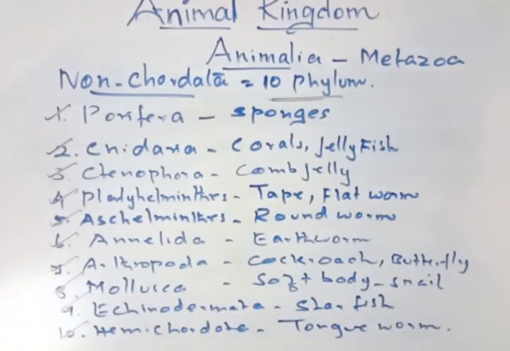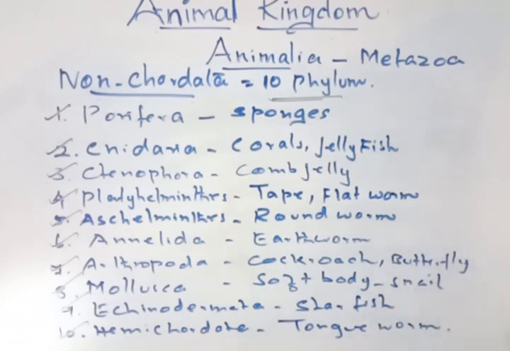All these 10 phyla come under non-chordates or invertebrates. Examples also you have to study simultaneously, and later on we will discuss the vertebrates as well as their phyla. So all these are the basic things regarding the animal kingdom. So far we have understood the kingdom called Animalia. We know what is metazoa.